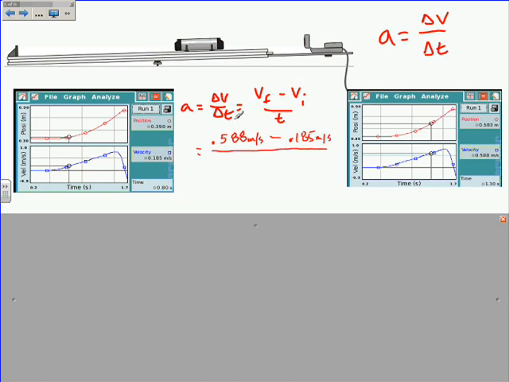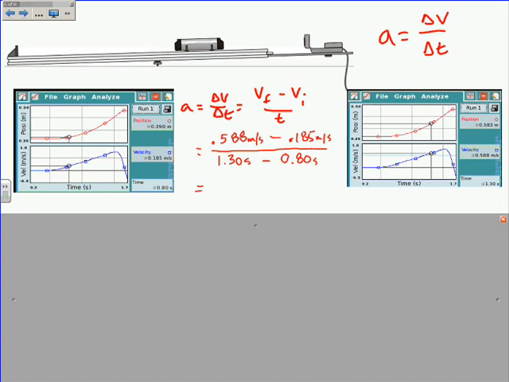All of that over the time frame, delta t, during which that change occurred. So the final time value was 1.30 seconds minus the initial time value, which was 0.80 seconds.